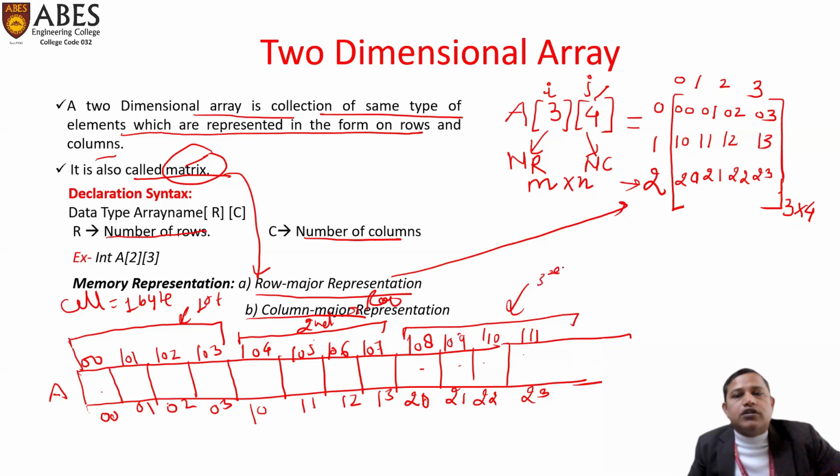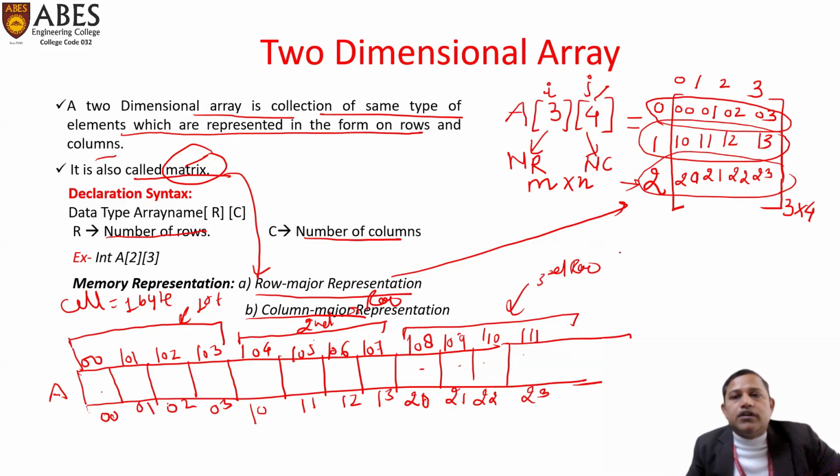What is the meaning of this memory representation? It means you can write the two-dimensional array in the form of one-dimensional arrays. If there are 3 rows, there are three one-dimensional arrays in memory.